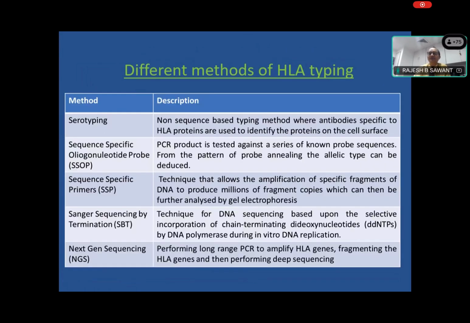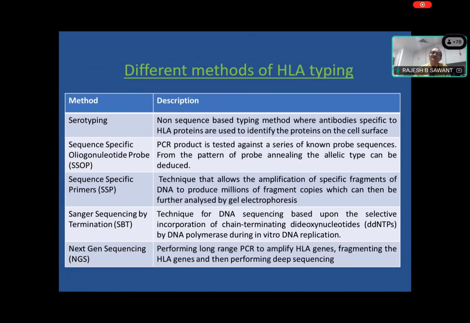So basically, if you look at the various methods of HLA typing, it has evolved with serology as the basic method of typing, which was non-sequence based typing, and where antibodies specific to HLA proteins were used. So the typical 96-well platform was used for manual typing, serotyping. So long back when I used to work at Tata Memorial Hospital, I have seen the senior scientists do serology typing for HLA in our laboratory.